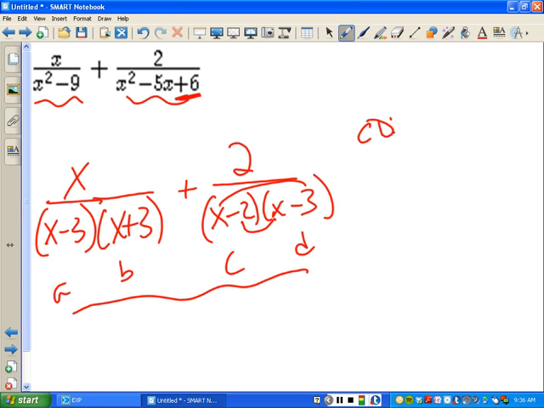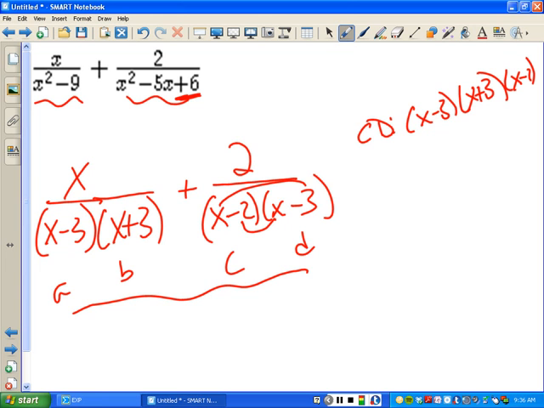Okay? So how do you find the common denominator? Just start listing down all the pieces you have. You have A, which is x minus 3. If it doesn't repeat, you have to put it. x plus 3. That didn't repeat, so we have to put it. x minus 2. If it doesn't repeat, you have to put it.